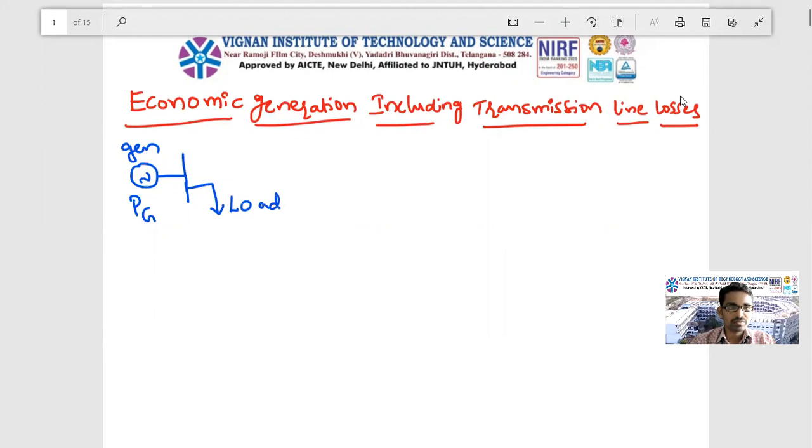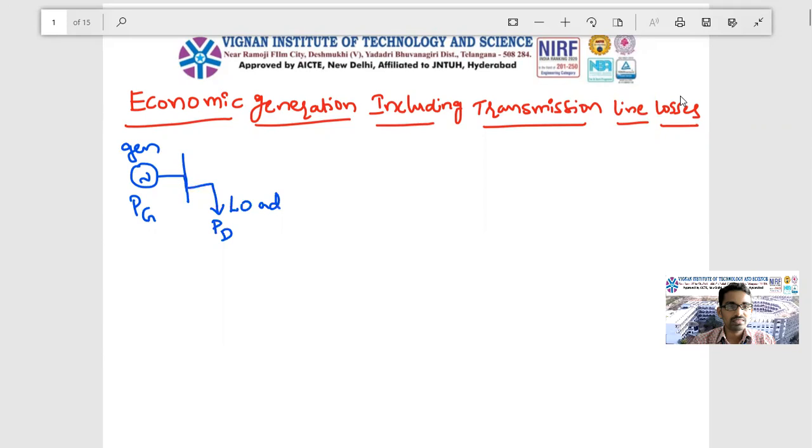So there is no transmission system here. Just we are having the power demand PD. Whatever the power is there, that generated power is going to be utilized at the nearby generating station only. So for that, there are no transmission losses.